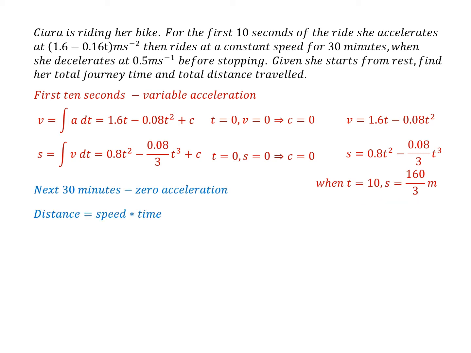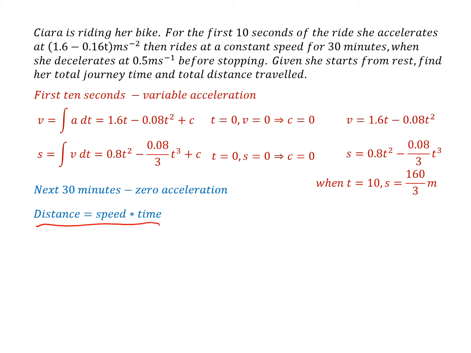For the middle section, the 30 minutes in the middle, there's no acceleration at all. It's constant speed, so we can just use distance equals speed times time. We know the time is 30 minutes, but what's the speed? Her speed during this period will be the same as the speed she finished accelerating at, when t is 10.